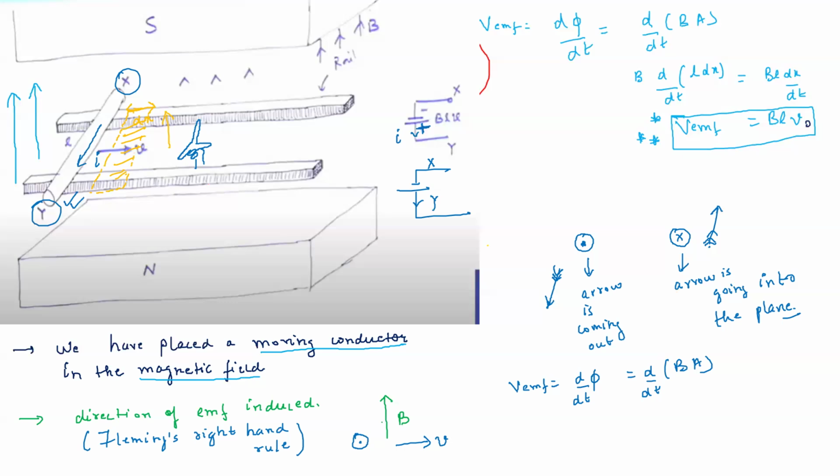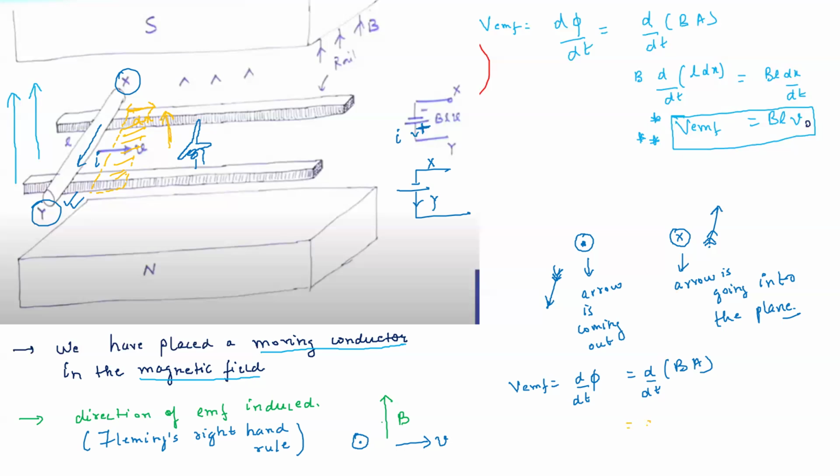Whenever we take flux density into area, this area means the area which is perpendicular to the direction of the flux lines. So flux lines are going upwards, whereas this area is horizontal. That is why I have written this area like this.